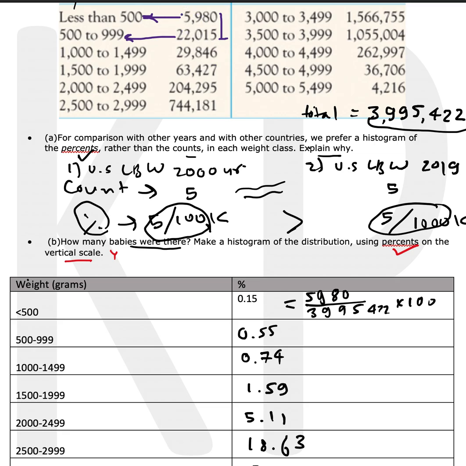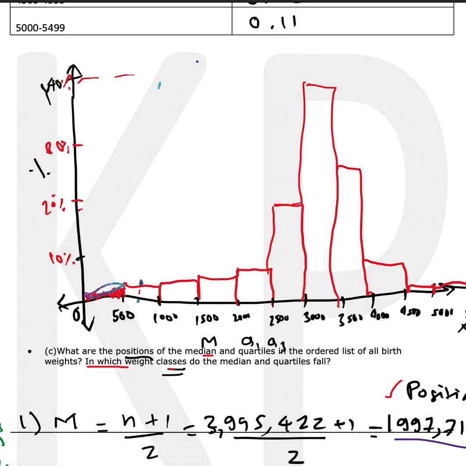So just follow along this chart till the histogram.